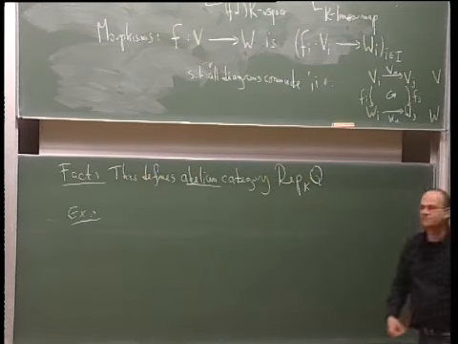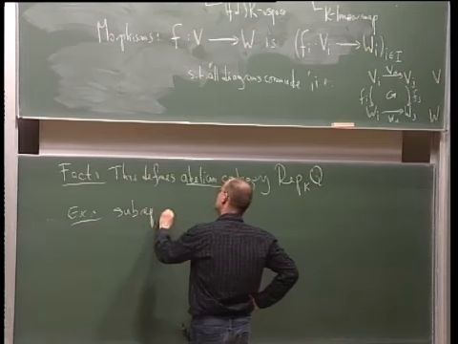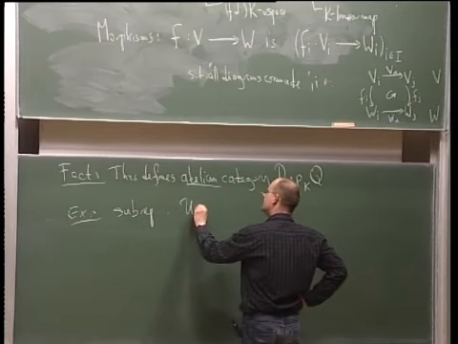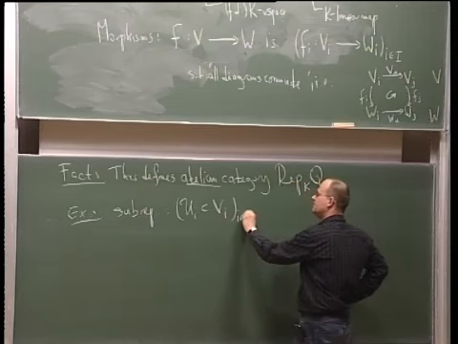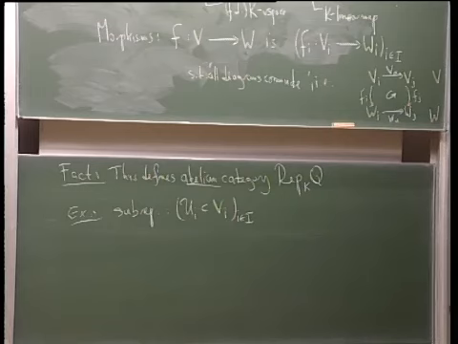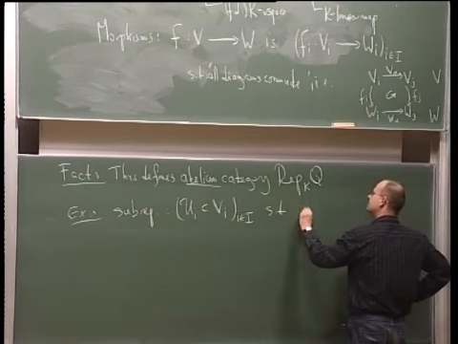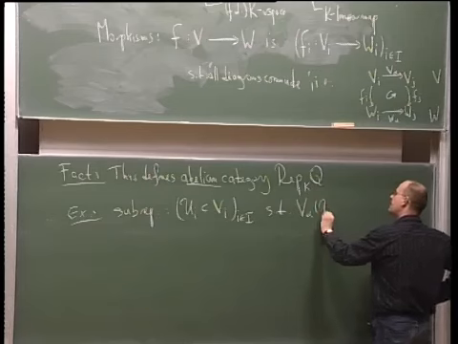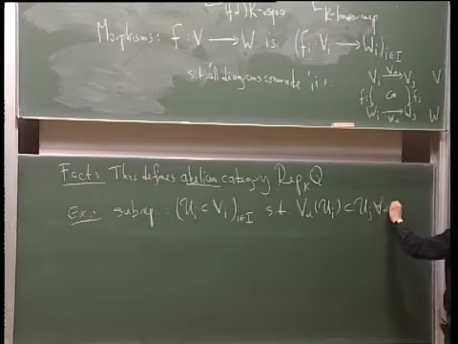So we just have inclusions. Sub-representation is nothing else than a bunch of subspaces Ui in the given vector spaces Vi, which are compatible with all the structural maps, such that V alpha maps Ui into Uj for all arrows alpha from i to j.